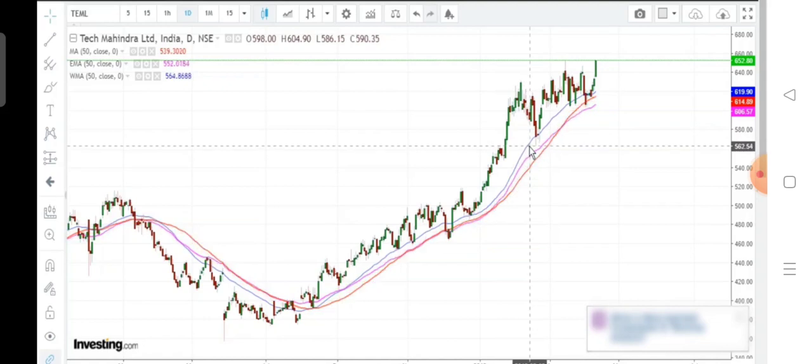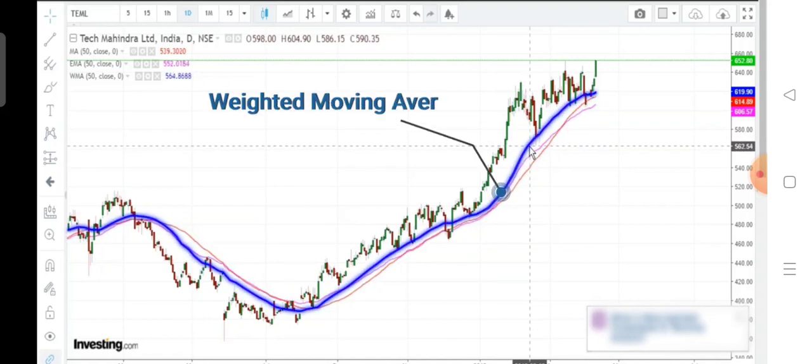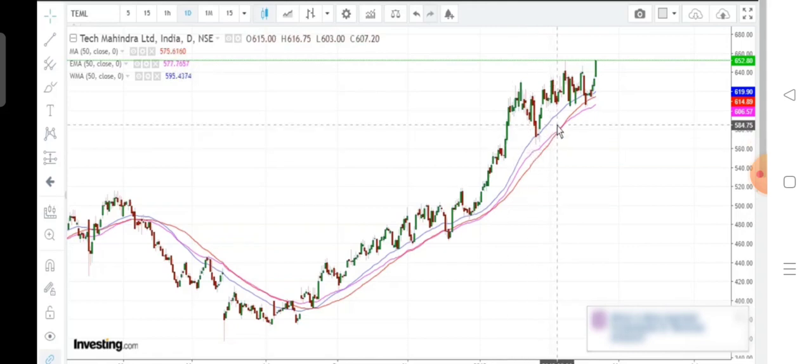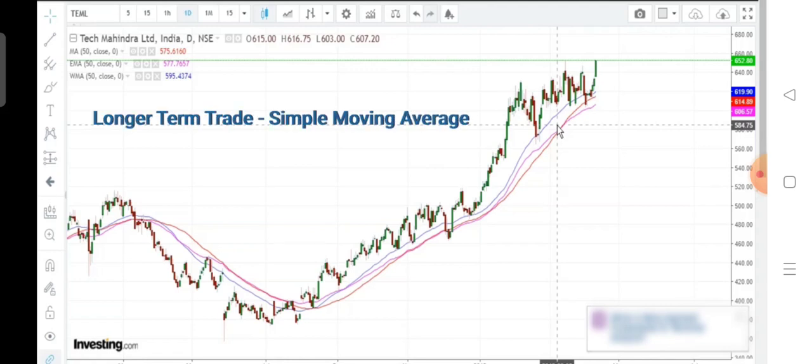Now here comes the blue line, which is the weighted moving average. The weighted moving average gives much more importance to the near term data, and that's why it is the fastest reacting moving average. Now, which one you use in your analysis or trading depends on you. If you are looking for a very longer term trade entry, you can look for a simple moving average.